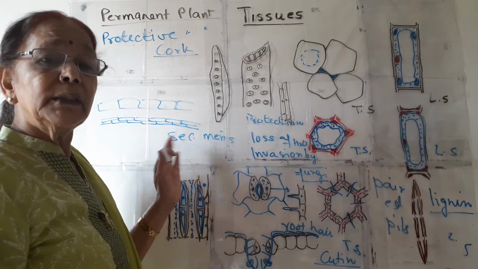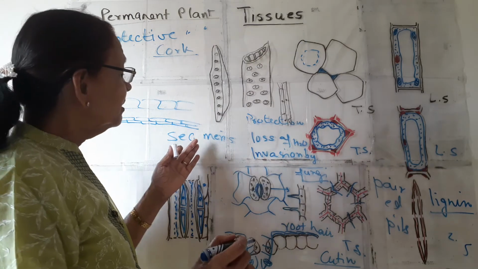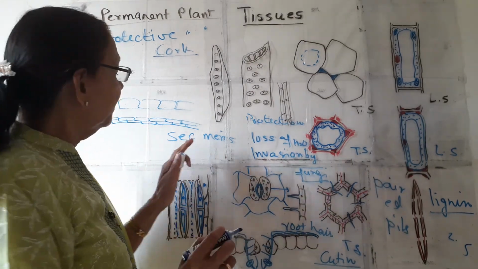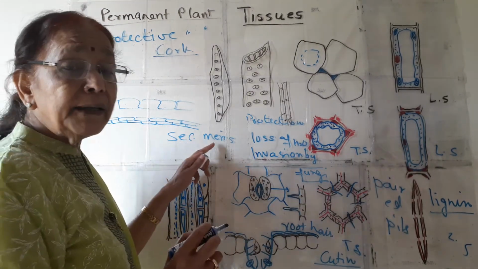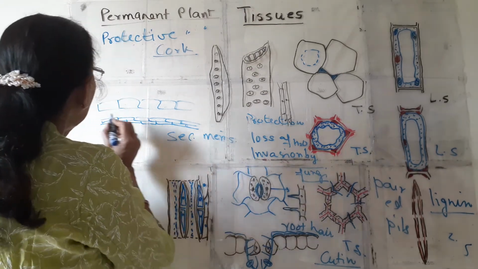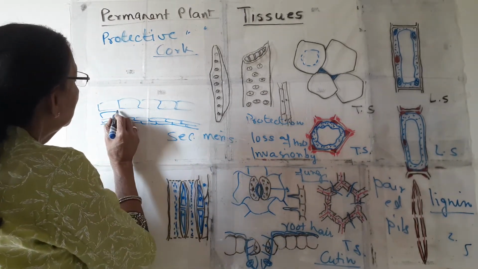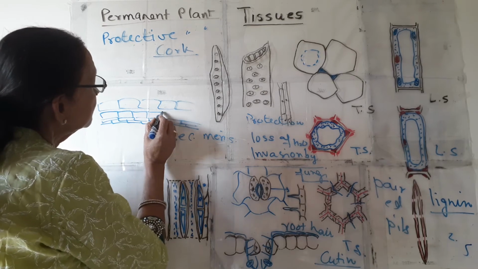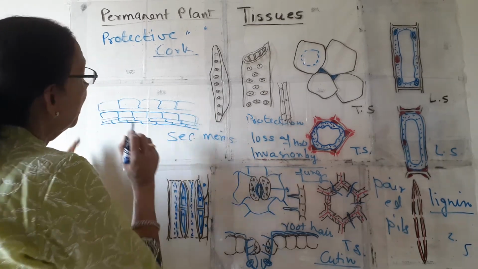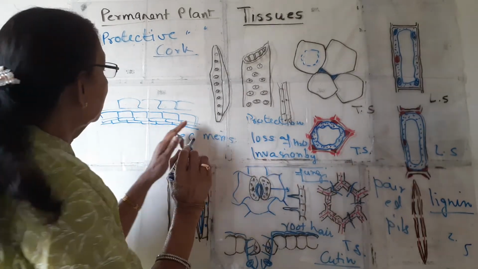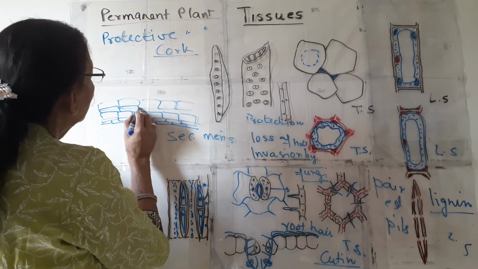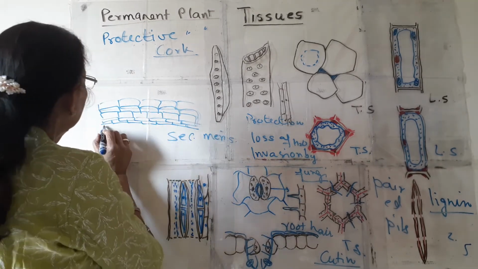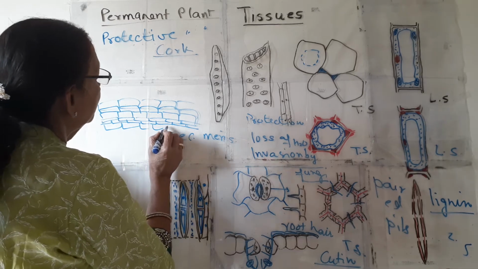You have learned about this yesterday also when we were doing meristematic tissue. So this is secondary meristematic tissue, and it cuts cells of the same type without intercellular spaces on its outer side and on the inner side also.